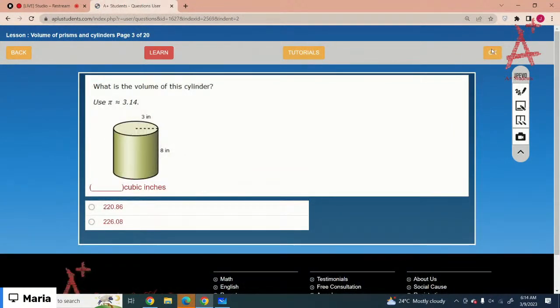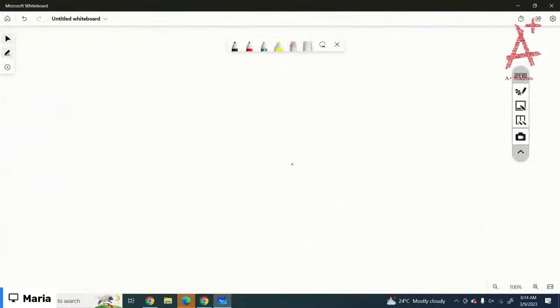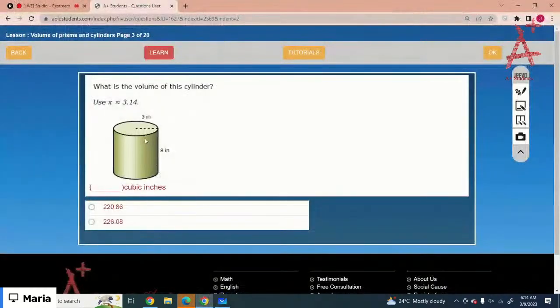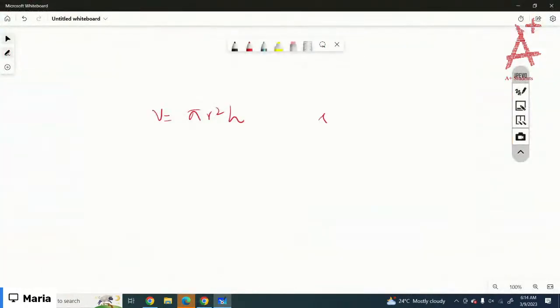Okay, now you have to calculate the volume of the cylinder. To calculate the volume of the cylinder, you need to use the formula V equals pi r square h. Just replace all the values. The radius is 3 inches and the height is 8 inches.